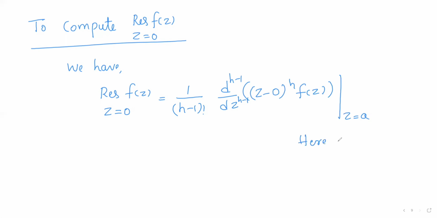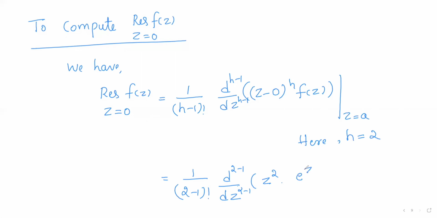Here h is the order of the pole, which is equal to 2. So it is 1/(2-1)! times the derivative, 2-1 times, of z^2 into f(z).